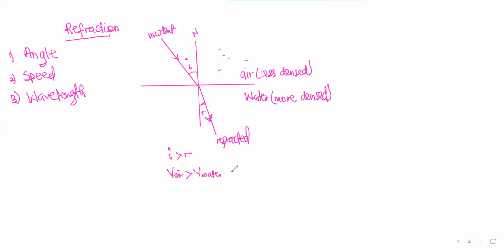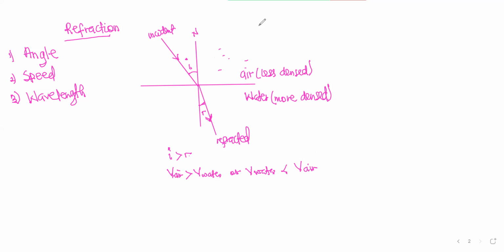So generally, whenever light moves from a less dense medium into a more dense medium, the speed of light in the less dense medium is greater than the speed of light in the more dense medium. Or here we can also say that the speed of light in water will be less than the speed of light in air.